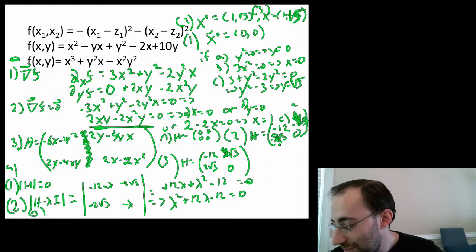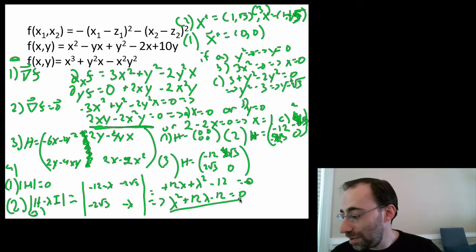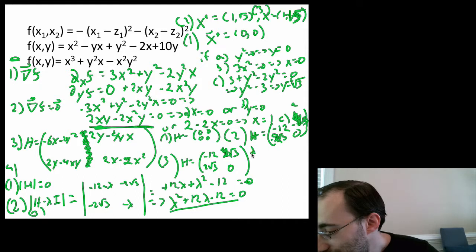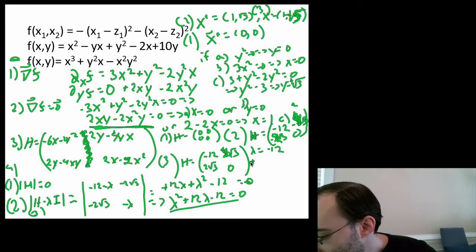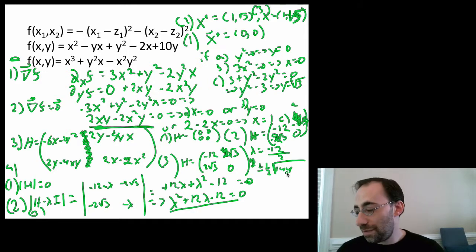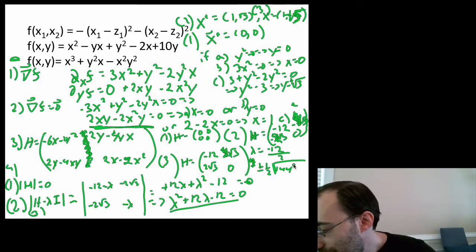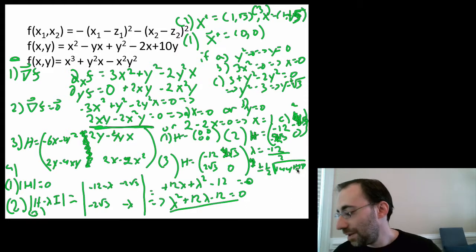How do we solve this? We solve this using the quadratic formula. So that's lambda equals negative 12 divided by 2 plus or minus 1/2 times the square root of 144 minus 4ac. That's plus 48.